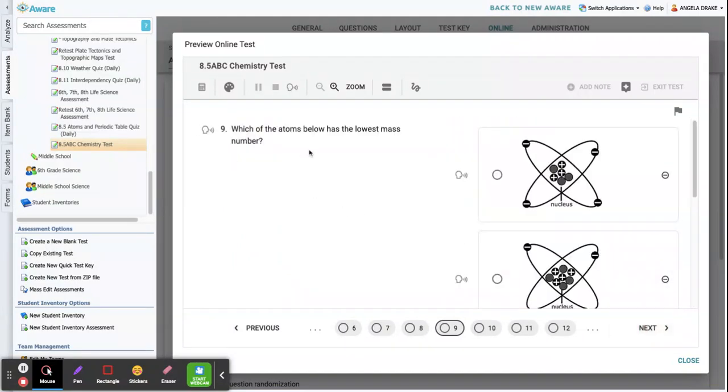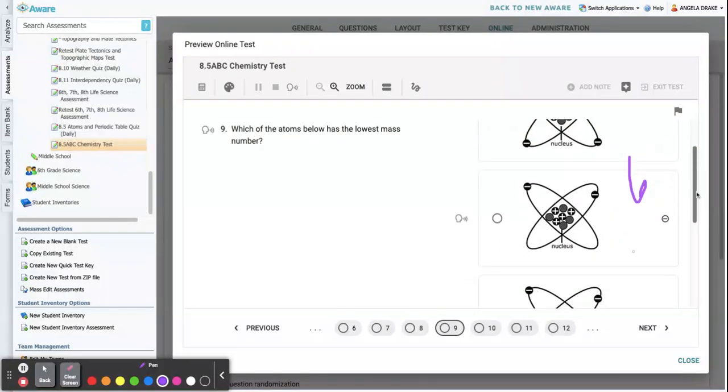Which of the atoms below has the lowest mass number? All I have to do is count how many are in the nucleus. So I've got 1, 2, 3, 4, 5, 6 here. I've got, whoops, 1, 2, 3, 4, 5, 6, 7.